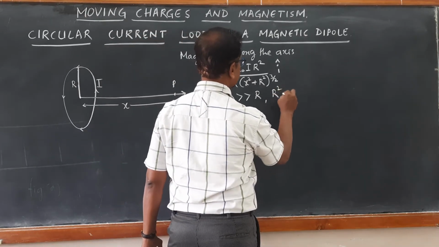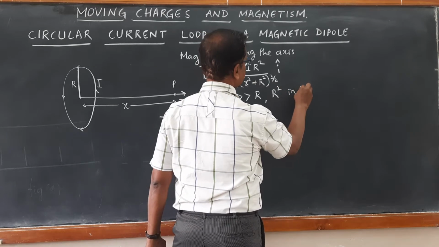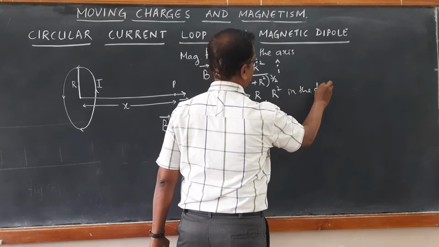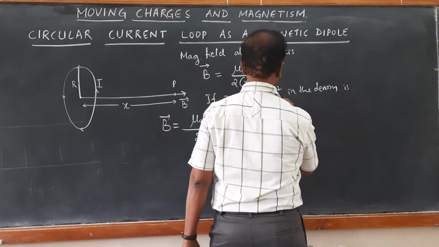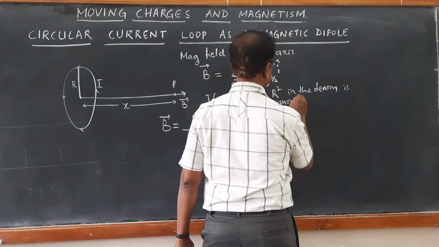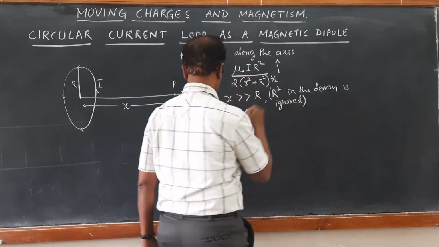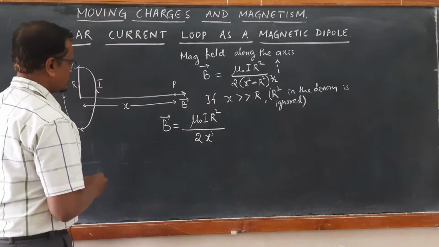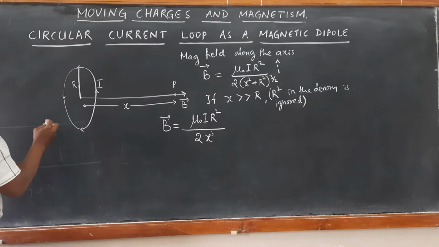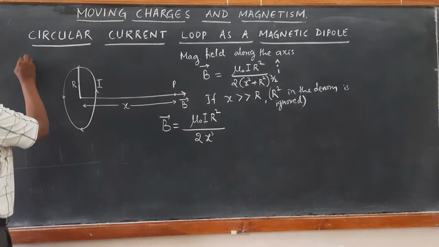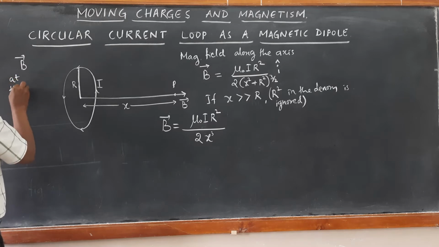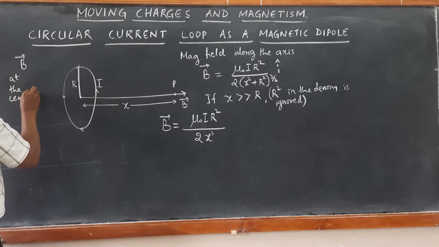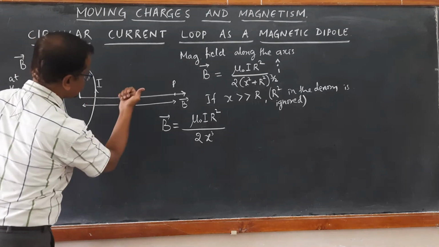Then we get this equation. Similarly, at the center also we got it. The magnetic field B at the center also lies along the axis.